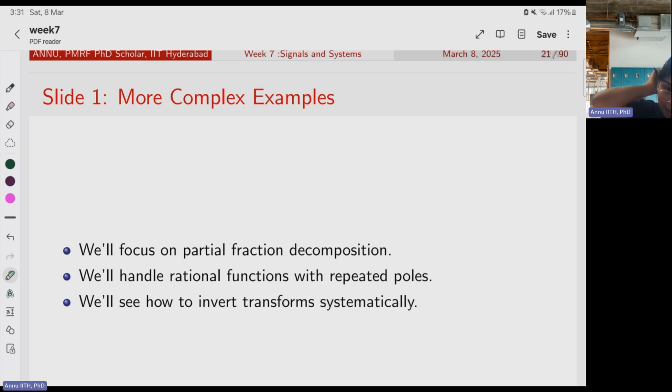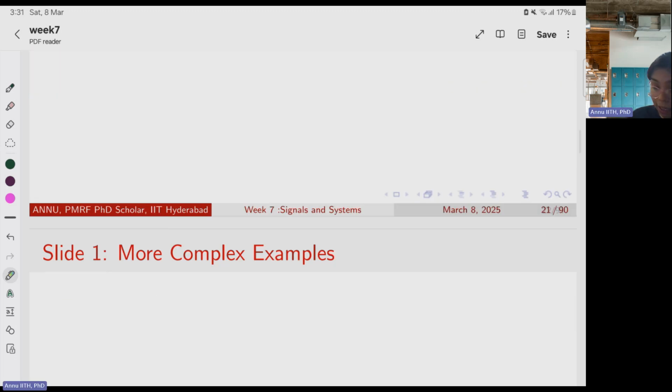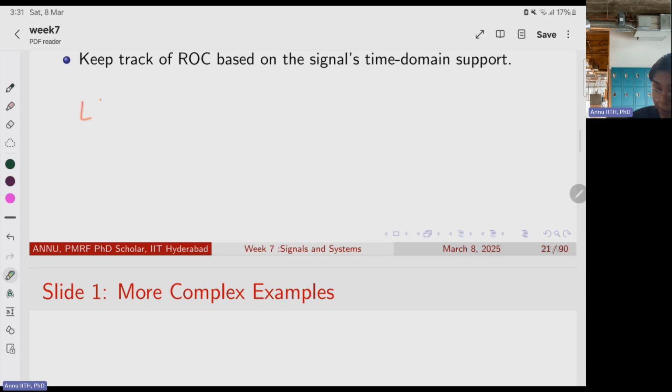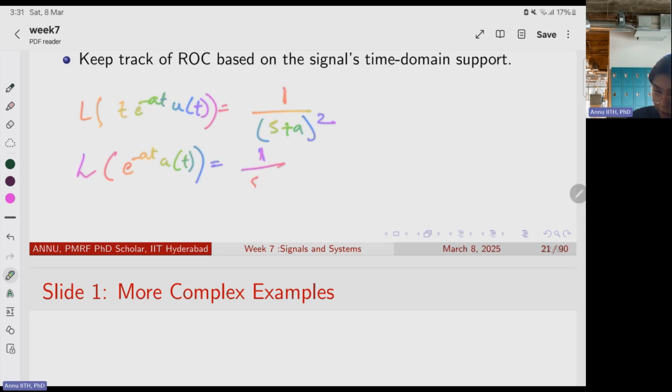So let us have more complex examples. Before moving to complex examples, I hope that is clear to you. You remember the Laplace transform of t e^(-at) u(t) is 1 upon (s + a) squared, whereas the Laplace transform of e^(-at) u(t) is 1 upon (s + a).